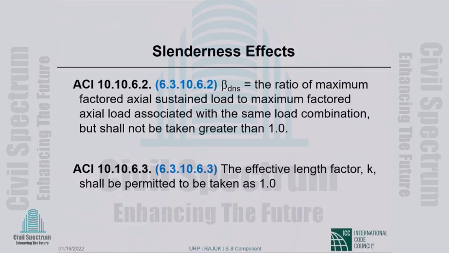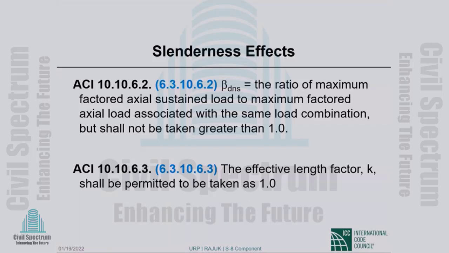The beta sub ds that is used in those stiffness equations is the ratio of maximum factored axial sustained load, we are talking about a column, to maximum factored axial load associated with the same load combination.